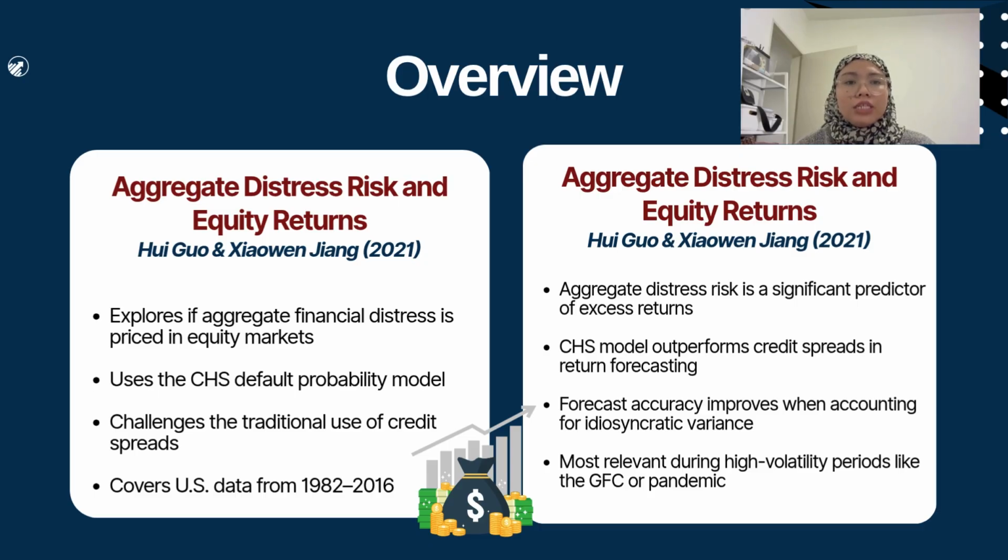So instead of traditional credit spreads, which often miss early warning signs, this model gives a more accurate view of market risk by looking at several indicators together, including market volatility and firm characteristics. The study uses data from 1982 to 2016 in the US and finds that when overall distress risk increases, stock returns tend to rise afterwards because investors demand higher returns for taking on more risk.